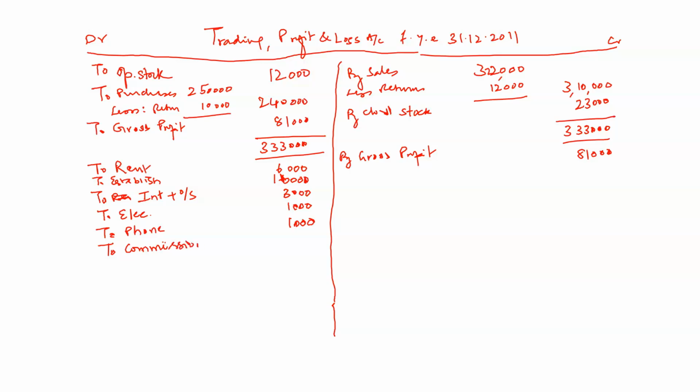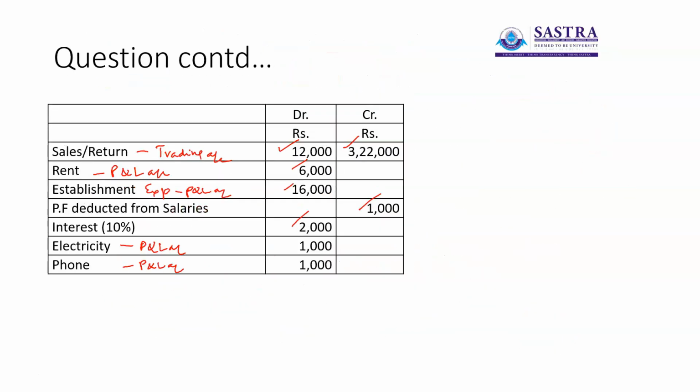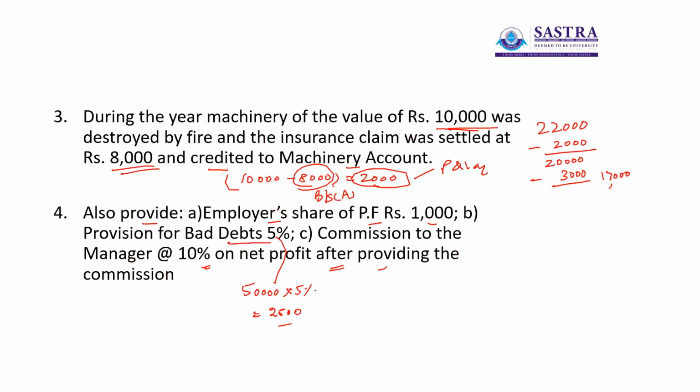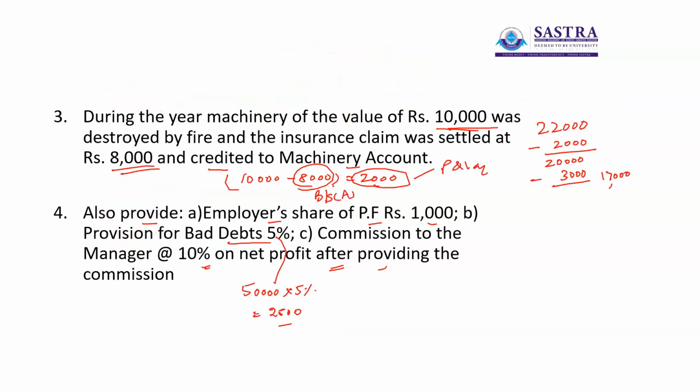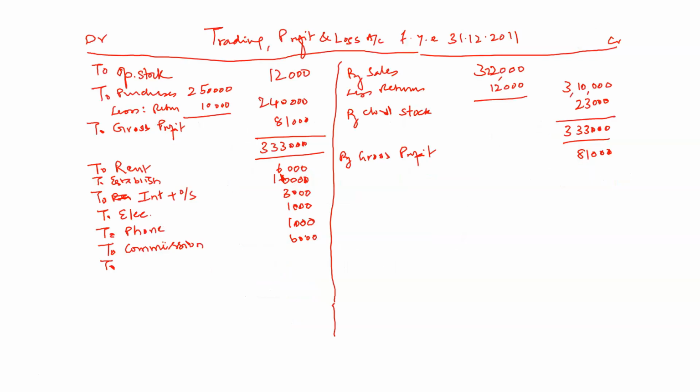Commission 6,000, insurance premium 1,000. Insurance premium, in case of any adjustment, prepaid insurance or anything given, should be subtracted. Otherwise, directly we can enter insurance premium. Insurance premium 1,000.